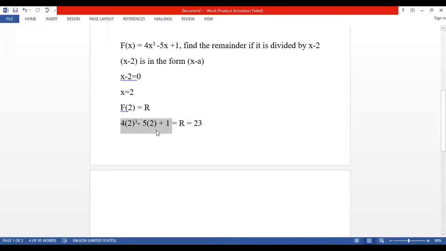When we solve this with addition, subtraction and multiplication, we get 23, and 23 will be our remainder. This is one of the shortest ways of finding the remainder, and this implies that x minus 2 is not a factor of this polynomial because it leaves a remainder. If it had been a factor, then the remainder here would be 0.